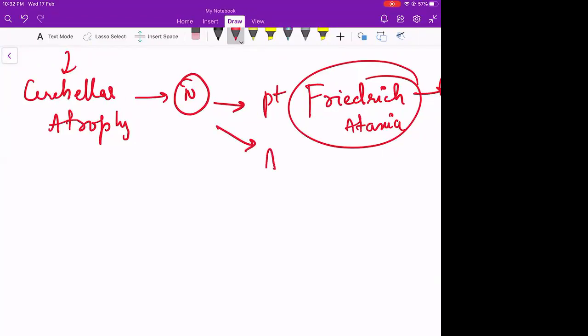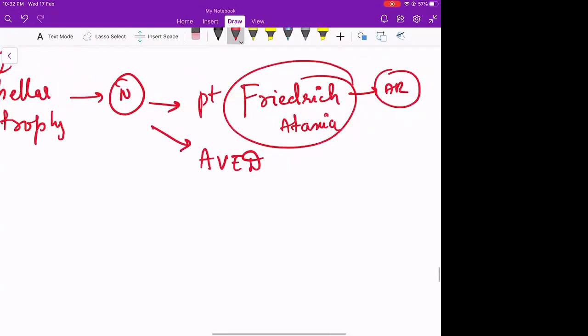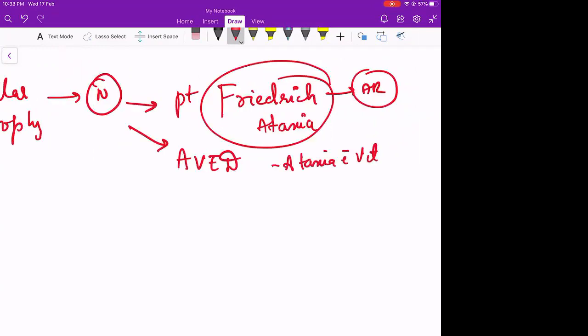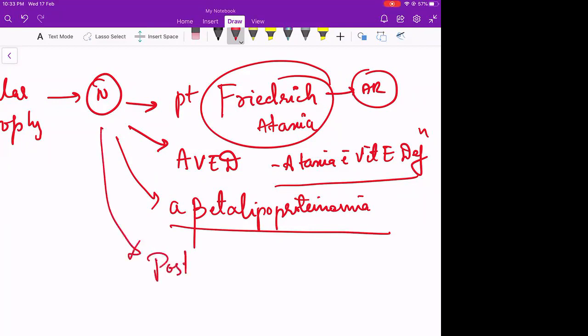Even AVED, that is ataxia with vitamin E deficiency, presents like Friedreich's ataxia, and some patients with abetalipoproteinemia, which is a genetic variant of Friedreich's ataxia. These patients also can have a normal cerebellum, and sometimes immune mediated, usually post infectious.